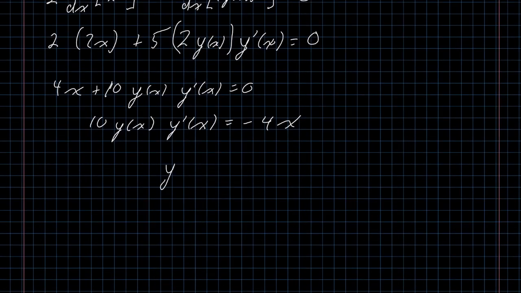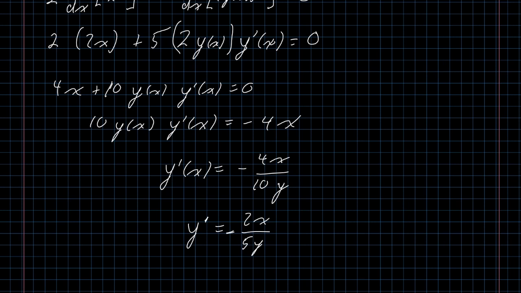And finally, y prime of x is negative 4x over 10 times y of x, and at this point I'm going to suppress that and just call it y. All right, reducing that fraction, and I get that y prime is negative 2x over 5y. I almost forgot the negative sign. There we have it.